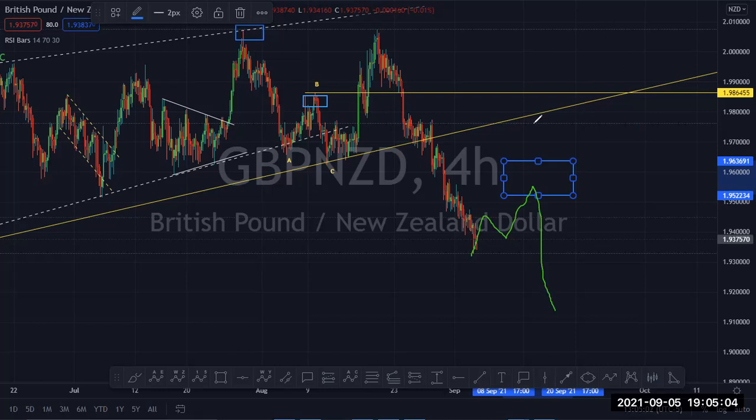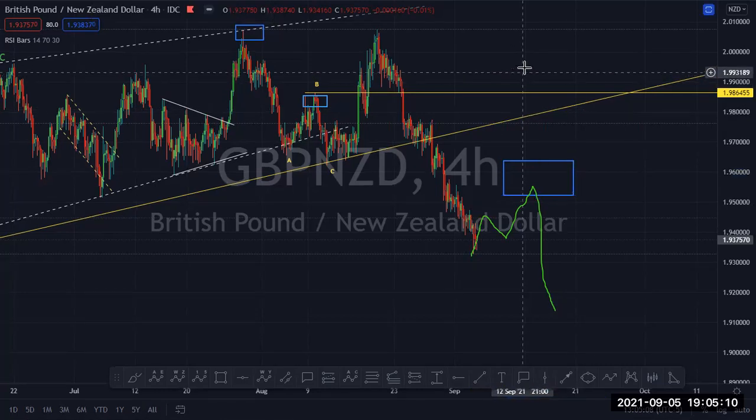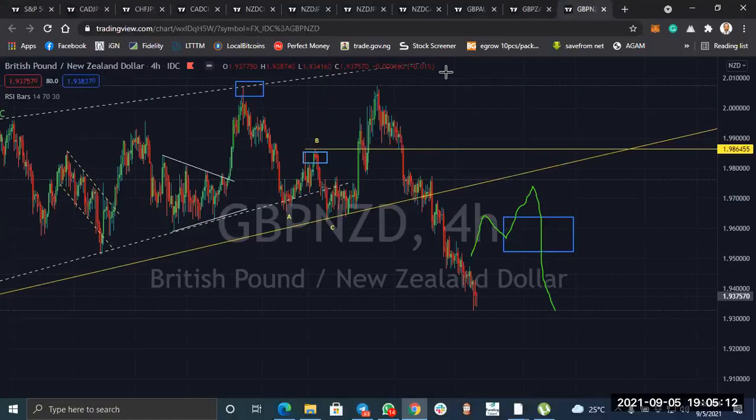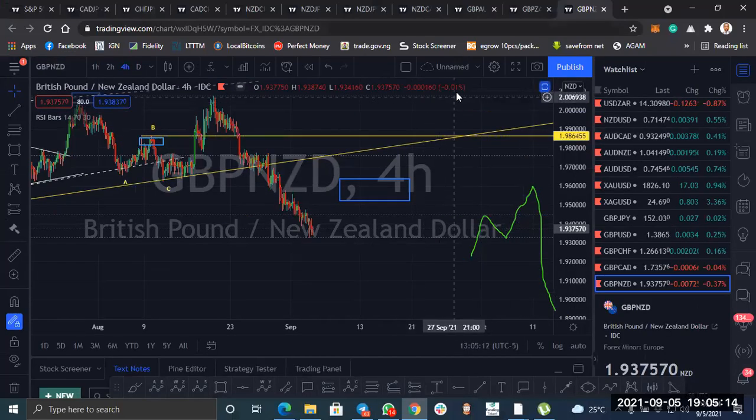So that's for pounds New Zealand. Other pound pairs, remember as I said, are showing that they are buying, but pounds New Zealand is telling me it is going down. We follow each according to where we see them going.